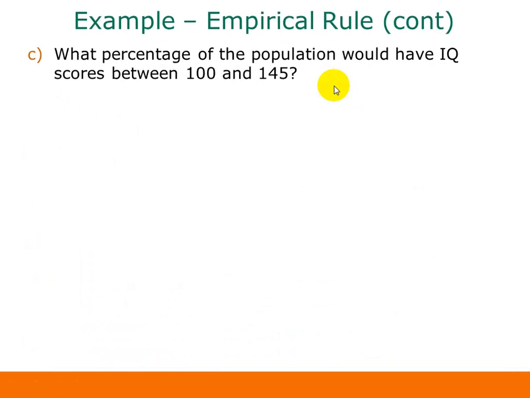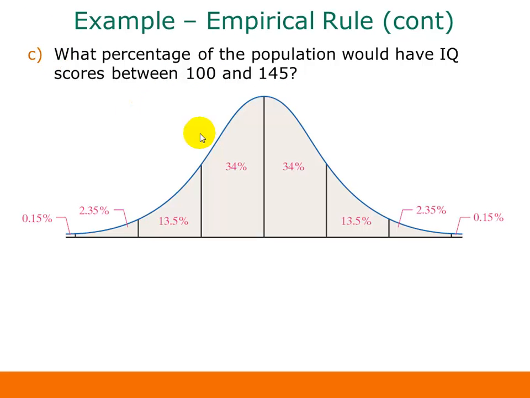So what percentage of the population would have IQ scores between 100 and 145? If we look at the picture of our bell-shaped distribution in our empirical rule, what we need to do is locate these two values in our picture. So the 100 was actually the mean, so that would be the value right here in the middle.